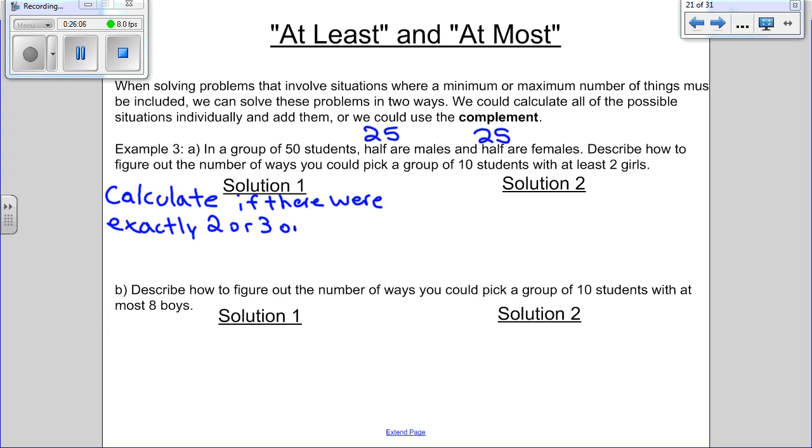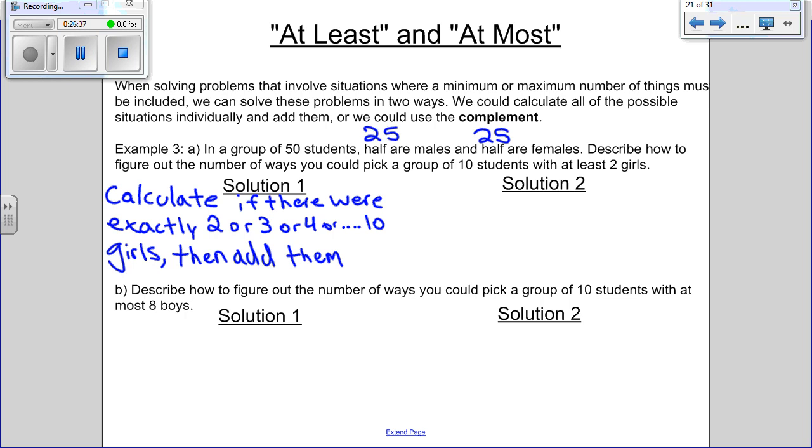So you can calculate all the situations, then add them up. That's a legitimate strategy. It would work. If you broke that down into 2, 3, 4, 5, 6, 7, 8, 9, 10, and calculated each one, added them together, that would definitely tell you the ways that at least 2 girls were on them.